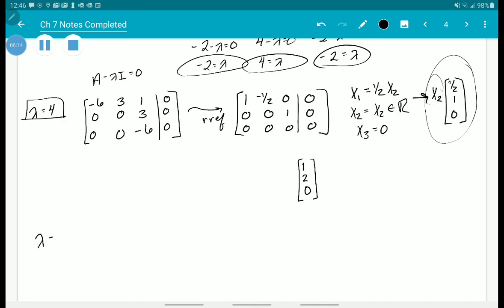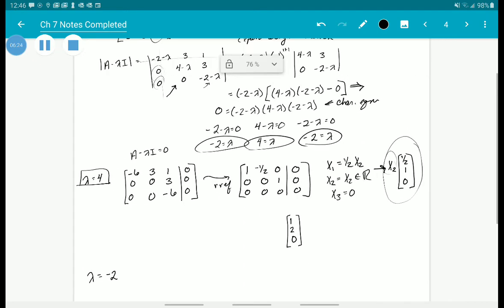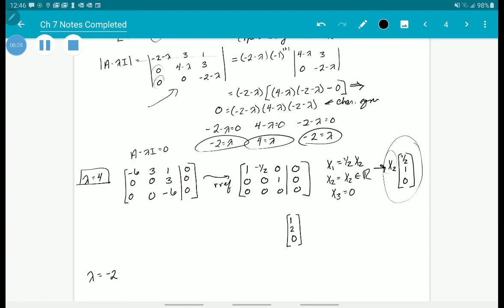So now let's look at when lambda equals -2. If we were to plug in -2 back into this matrix, -2 minus -2 is 0. 4 minus -2 is 6. -2 minus -2 is 0.